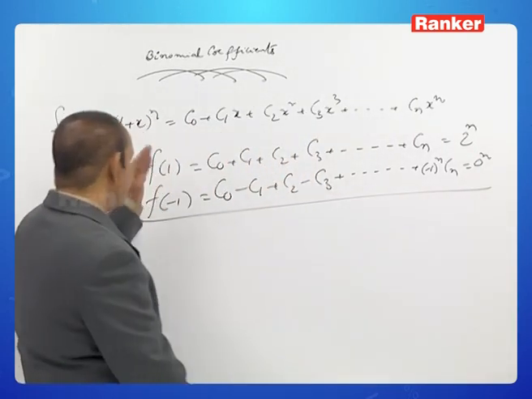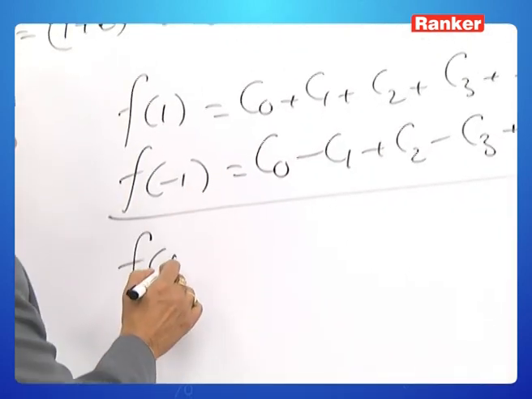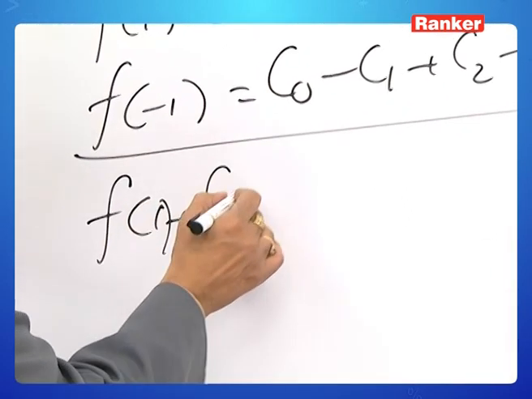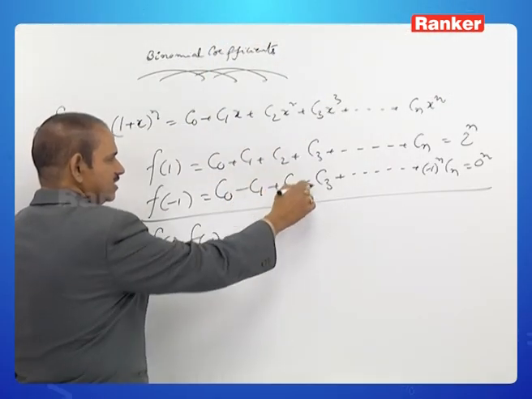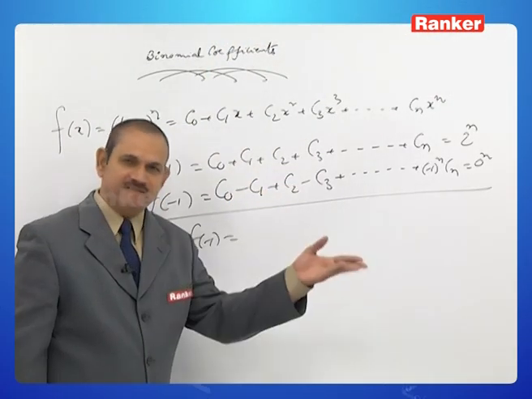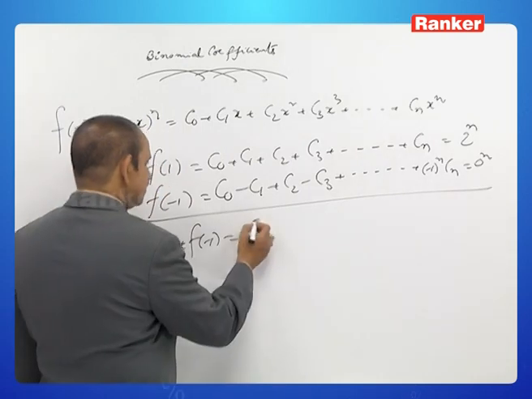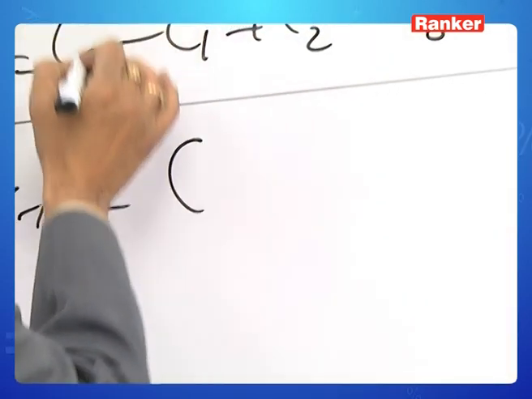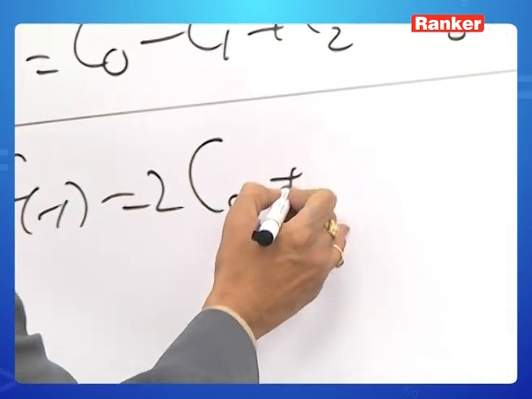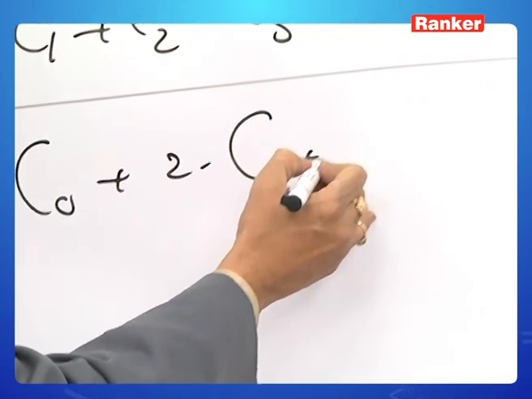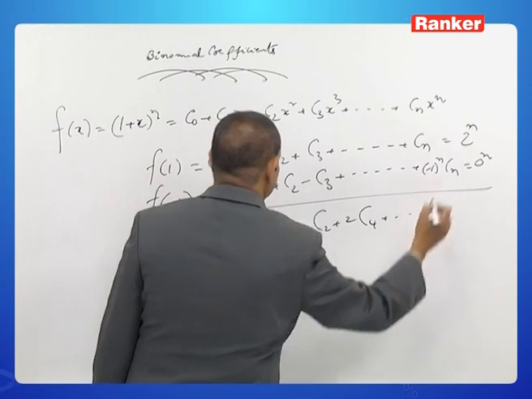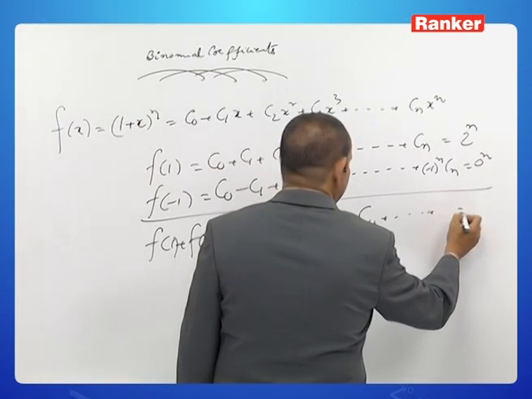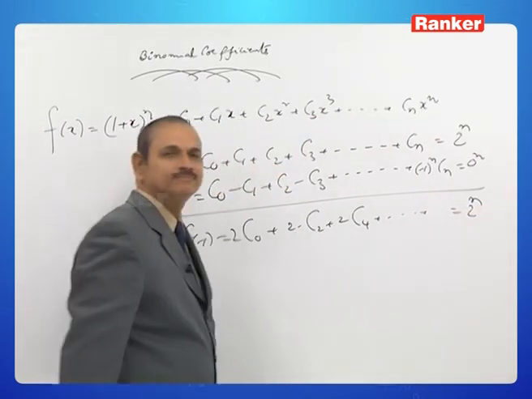From this, if you add these two, what happens? f(1) + f(-1): C1 and C1 will be cancelled, C3 and C3 will be cancelled, C5 and C5 will be cancelled, and as a result you will have 2C0 + 2C2 + 2C4 and so on, which is nothing but 2^n.